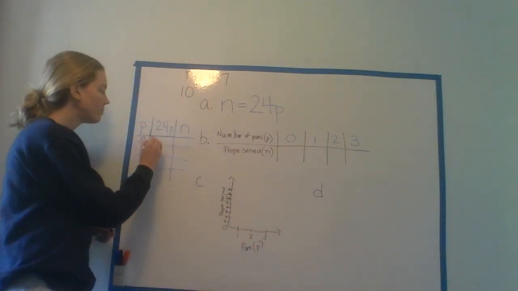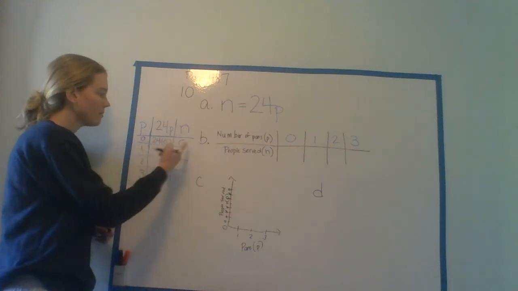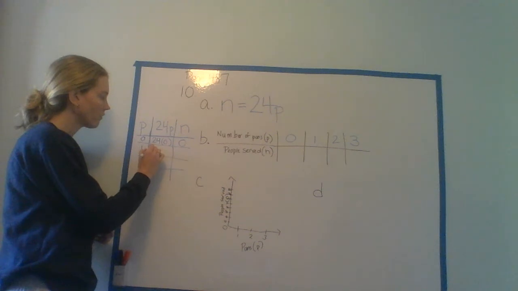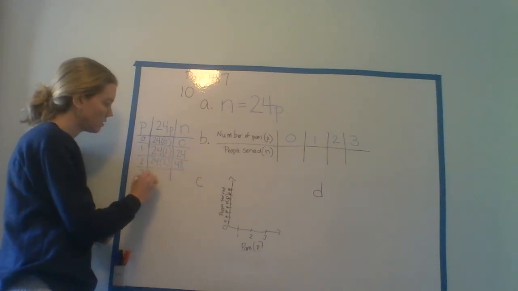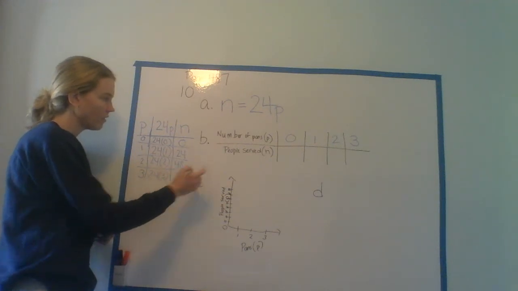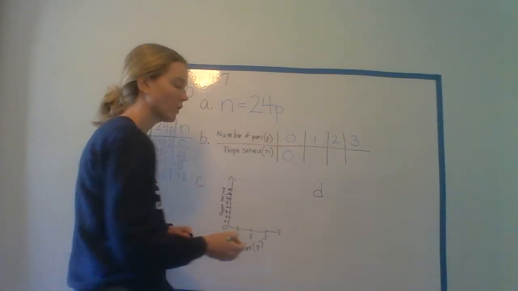Okay? Now if we put this into our function rule, our P is going to be 0. We put this one into our function rule. We're going to get 24, 48, and then 72. So you can write it over here. 0 is going to be 0 people served, which makes sense.